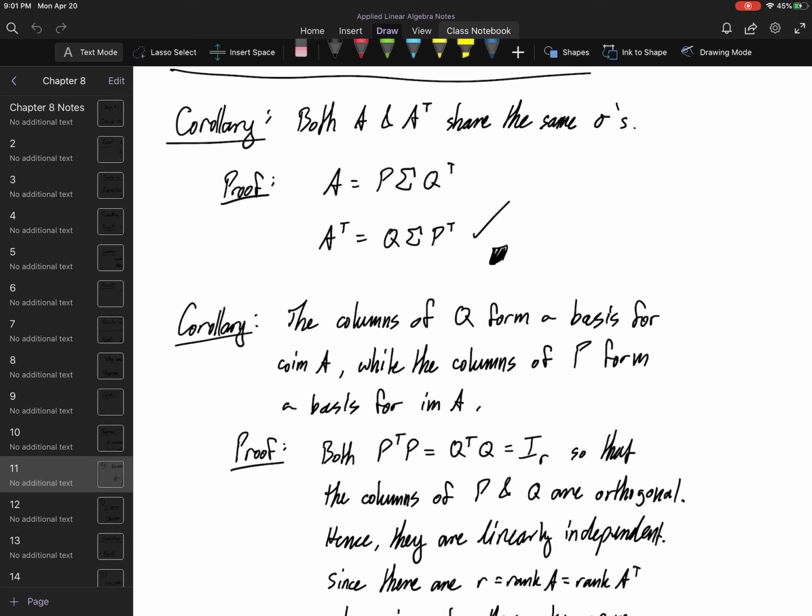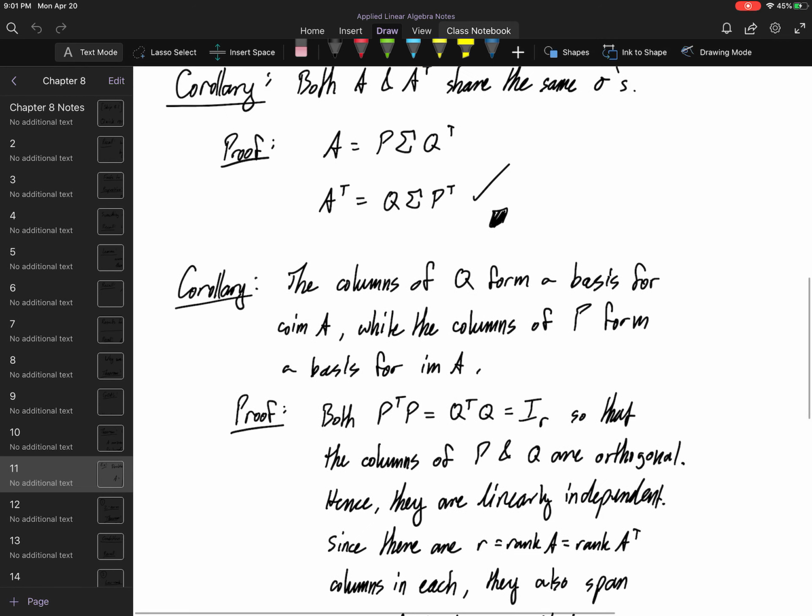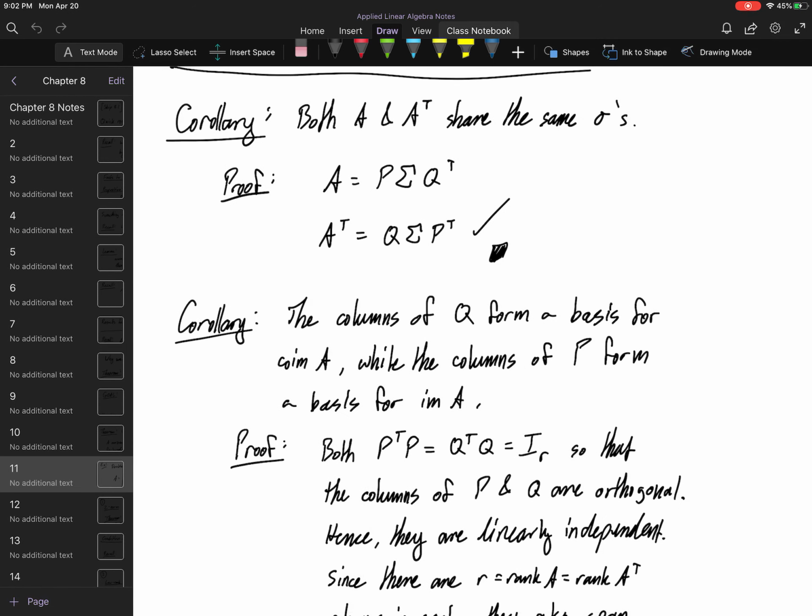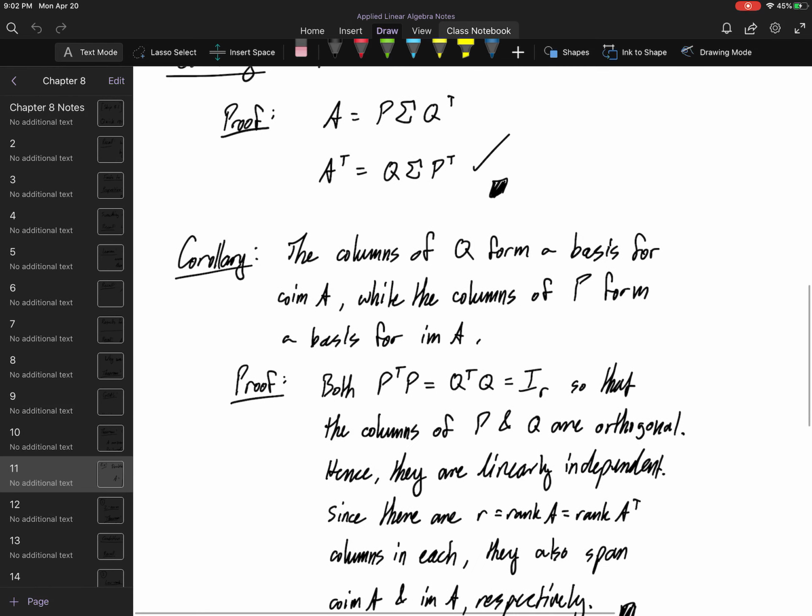So the singular vectors I get for A are actually the columns of P, but the singular vectors that I get for A transpose are the columns of the orthogonal matrix Q, or the thing that looks like an orthogonal matrix. Both P and Q kind of look like orthogonal matrices, come to think of it. But the point is that these guys share the same singular values for sure, though not necessarily the same singular vectors.